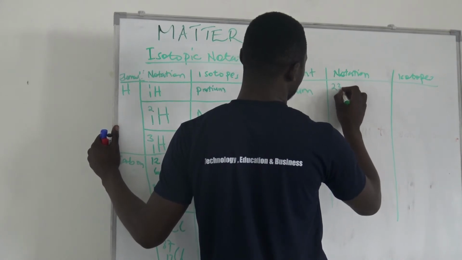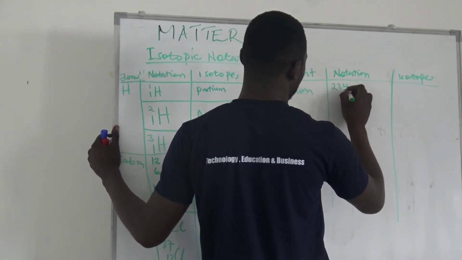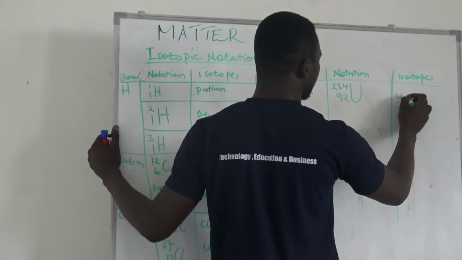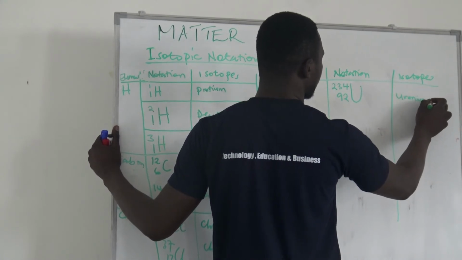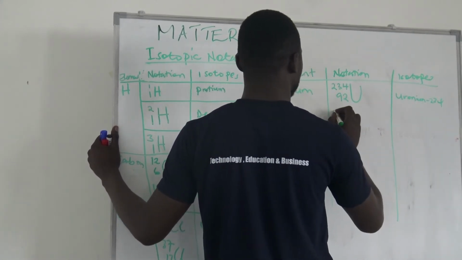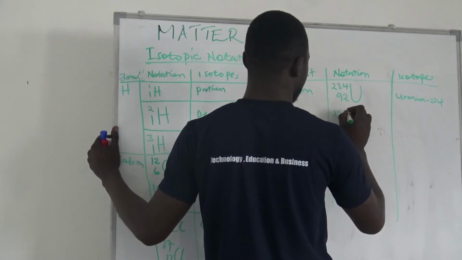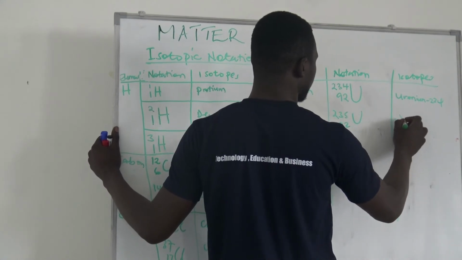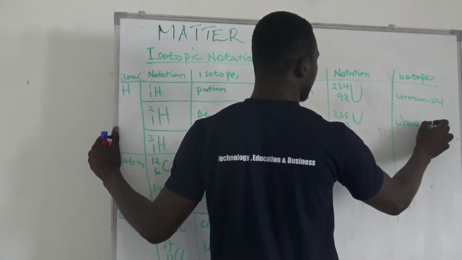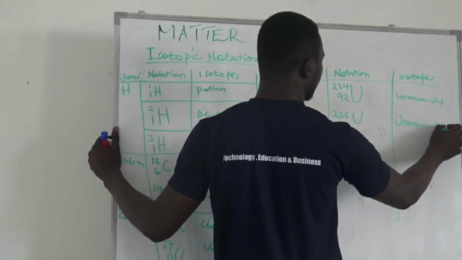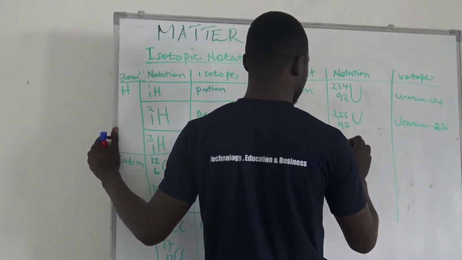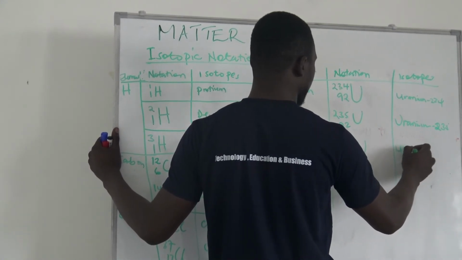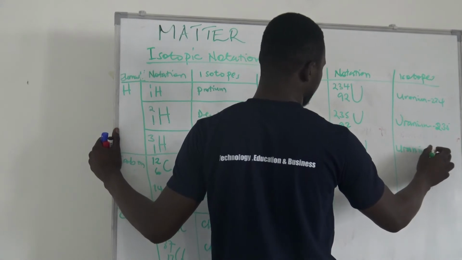We have uranium-234 with atomic number 92, uranium-235 with atomic number 92, and uranium-238. These are the isotopes of uranium.